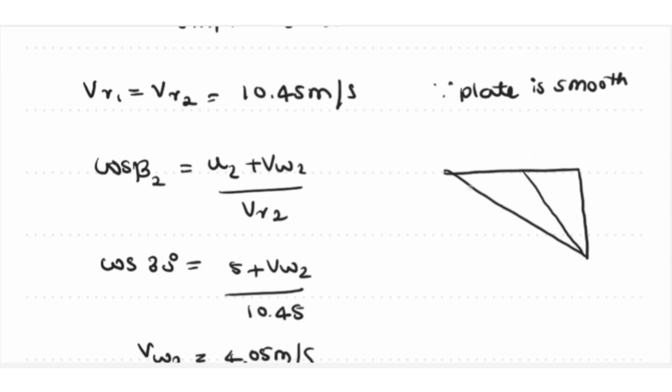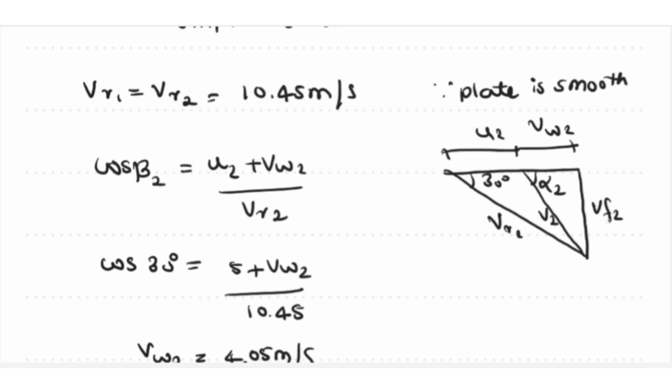So here it is 30 degree, we have calculated this, and it is alpha 2, this is u2 and this is vw2, this is vr2 and this is v2 and this is vf2. We have calculated vw2. If we know vf2, we can calculate v2 by applying the Pythagoras. So we should calculate what is vf2.